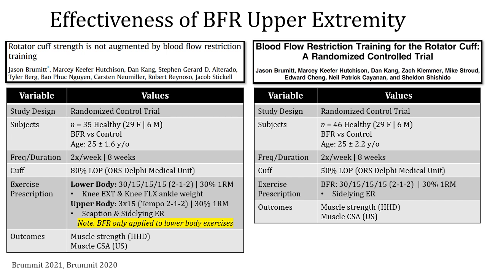So what do you think the results were? And really, what do you think the hypotheses were? In this first study, they were looking for muscle strength and cross-sectional area, not only on the lower, but also on the upper. So presumably they were questioning whether there was maybe a systemic effect or benefit for doing lower extremity BFR in combination with upper extremity exercises.